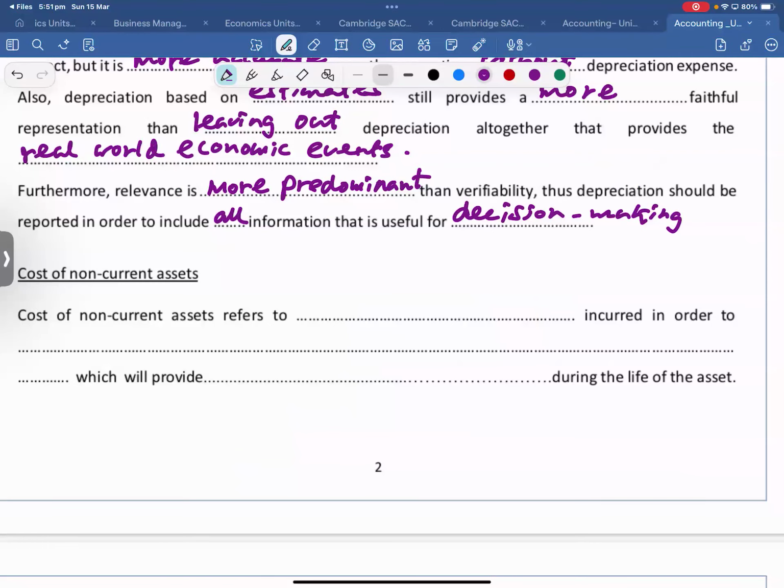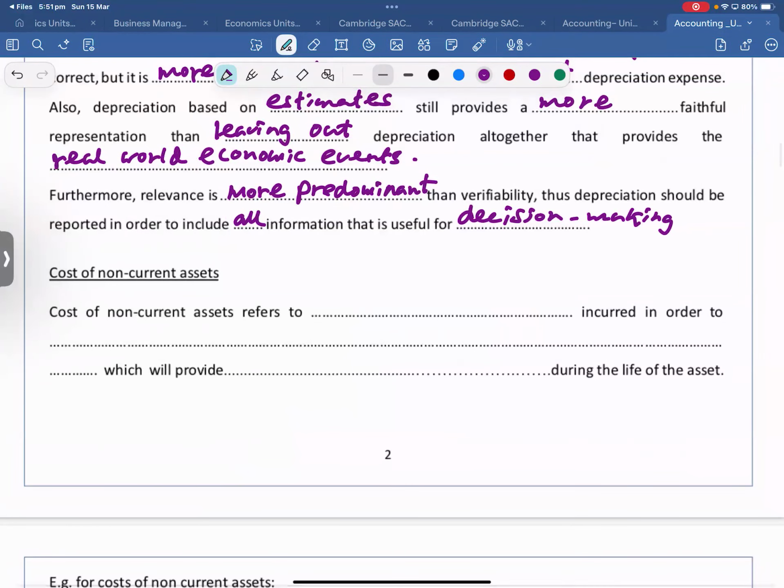Right, cost of non-current asset, guys. What is the cost of the non-current asset? This one we haven't done in 2 years. It includes all the costs incurred for the non-current asset to bring it into a condition and location ready for use.